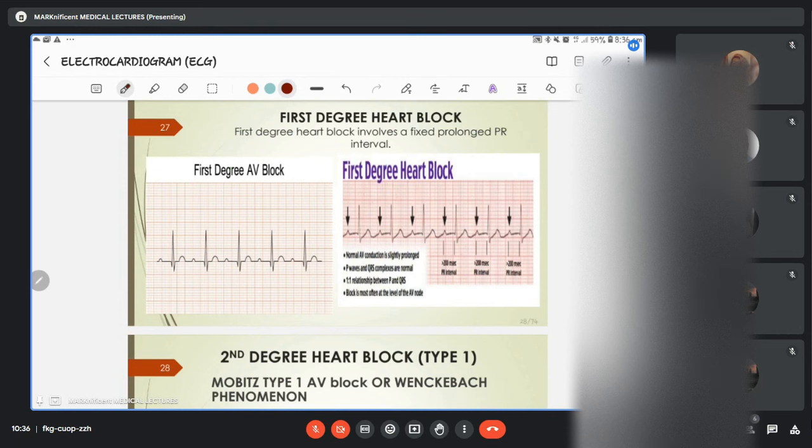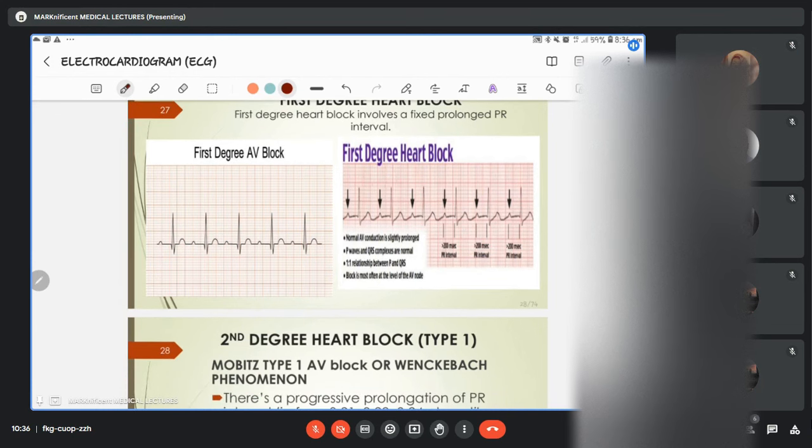So that's the first degree heart block. And in most cases, it's supposed to be normal. It's not really a condition, because that's the job of the AV node. However, it depends on the length and some other things that come in. That's what makes it a pathology, if it takes too long.